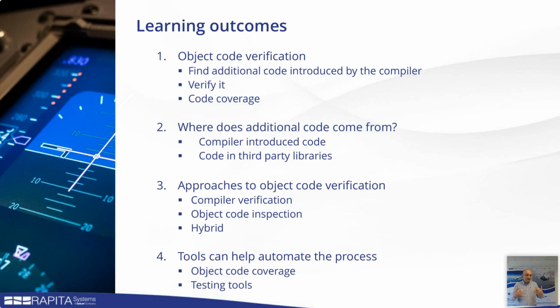Or in some very clever approaches that we see with some customers, you just don't do it, because you know beforehand, from the way the compiler works and the compiler verification you did years ago, that the compiler will never introduce that extra object code. So in some cases, with good planning, that objective can be very easy to satisfy. In some other cases, it can be catastrophic.